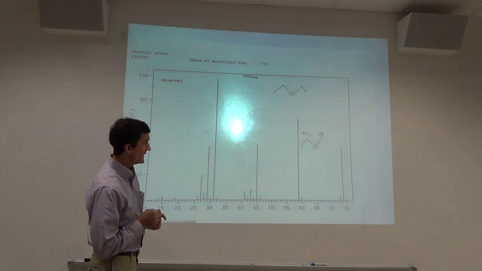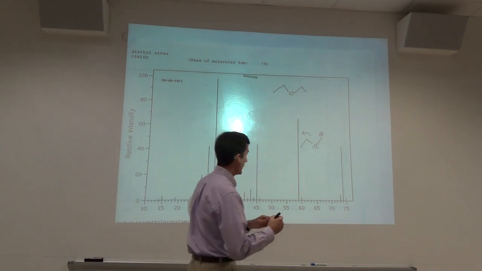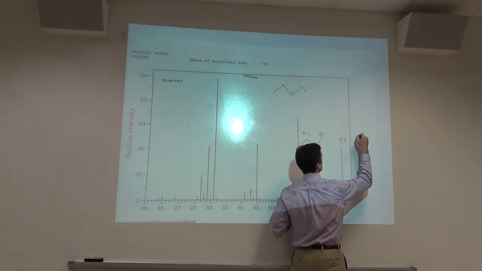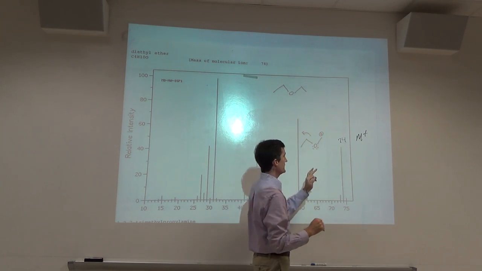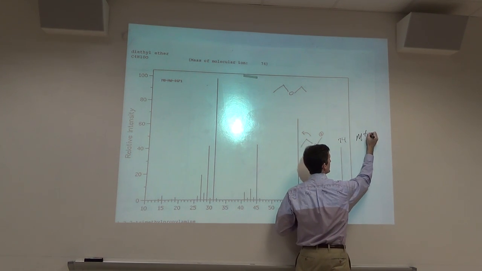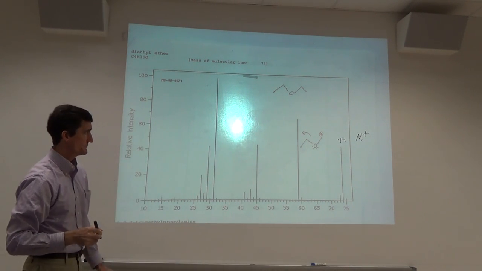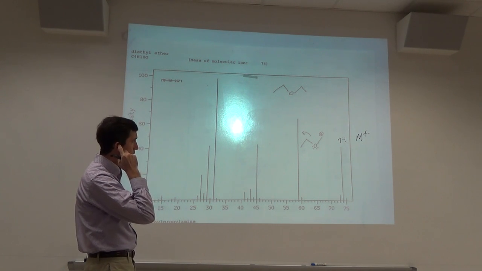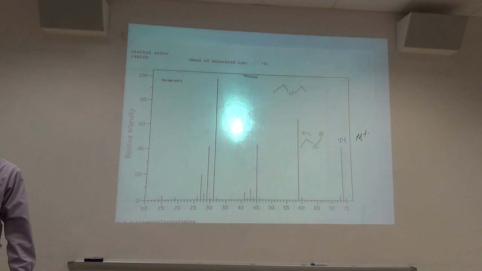Do we have a molecular ion? Looks like we do. Right here at 74. So this would be the M+. Usually just stated M+, of course the molecular ion is actually a radical cation, so it's actually a radical. Sometimes that little feature is left off, just saying M+. 74. So that's where the original molecule was ionized by some method, such as electron impact.